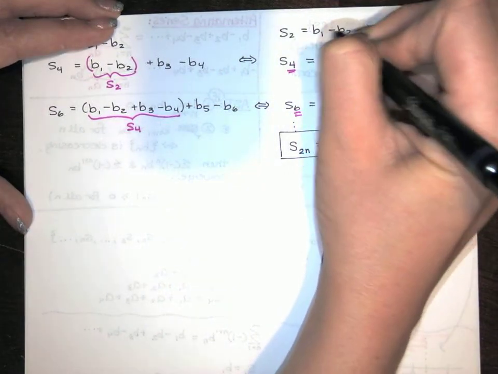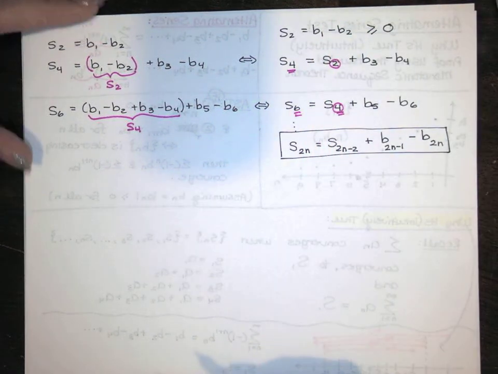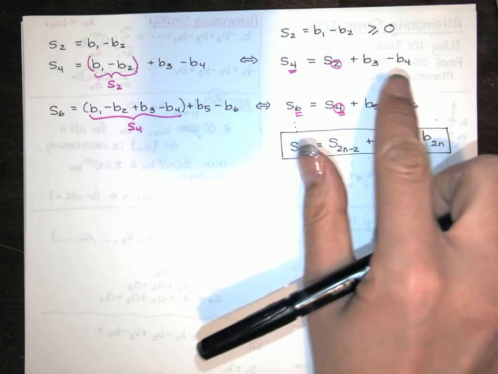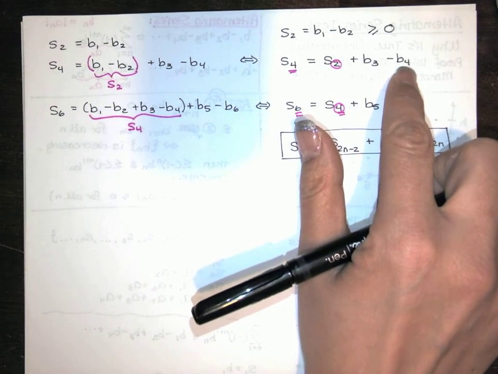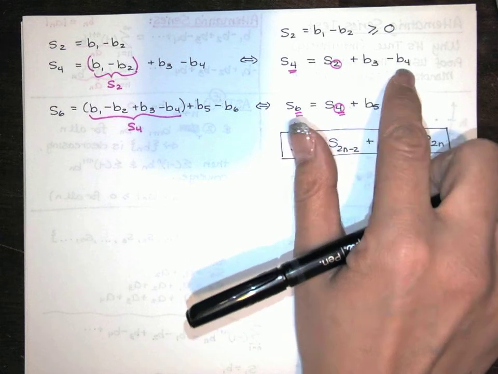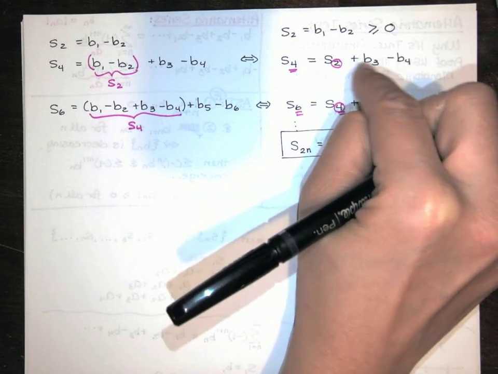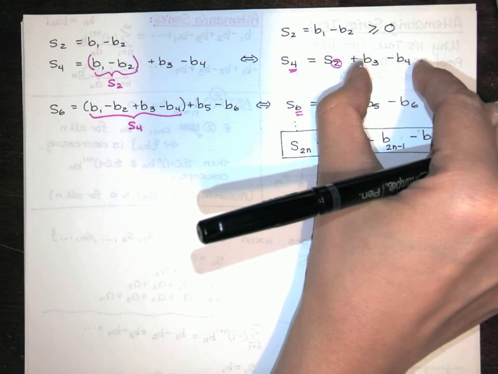Okay, well, actually, it's either smaller or possibly equal, so we should have a greater than or equal to sign right there. And then over here I've got this, but b sub 4 is smaller than b sub 3. So b sub 3 minus b sub 4, that's a tiny positive number because this is smaller than this. It's positive.